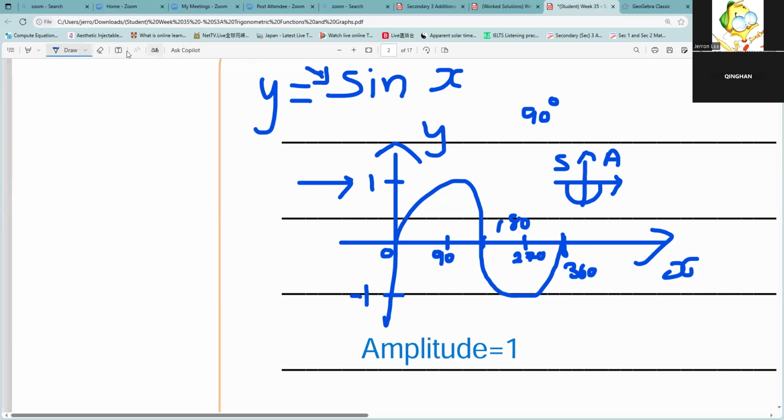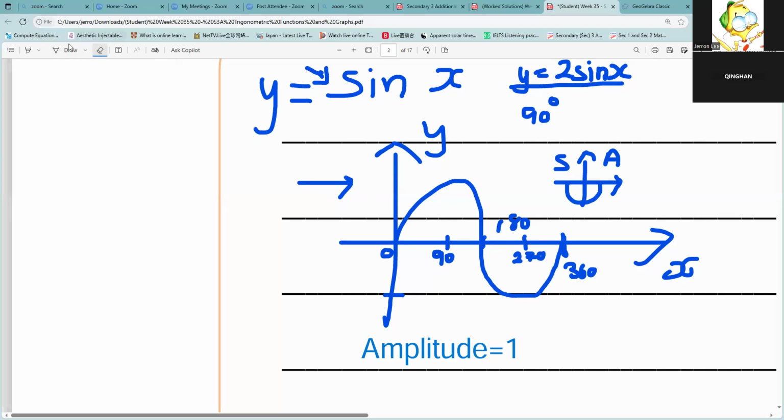For instance, if now I change it to y equals 2 sine x, your amplitude is not going to be 1, it's going to be 2. And if the amplitude is 2, your waveform will change, but it's not that big a change.